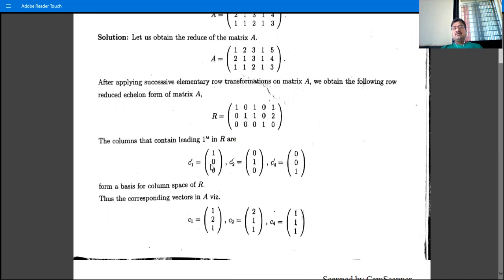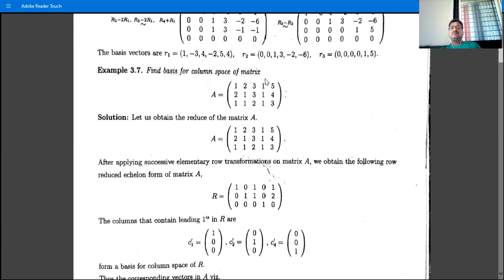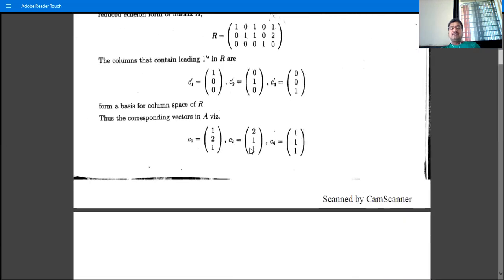And so if you denote these as C1 dash, C2 dash, and C4 dash, then these columns 1 0 0, 0 1 0, either in round bracket or square bracket, and 0 0 1, these three form the basis for column space of this matrix R. And we have to write the basis for column space of A. So what is that basis?